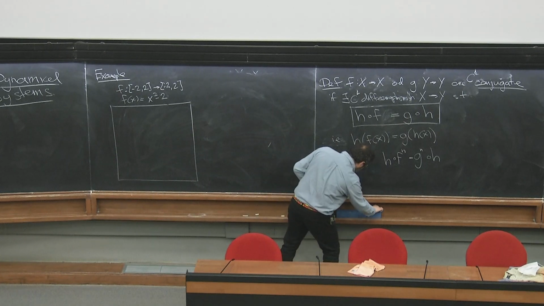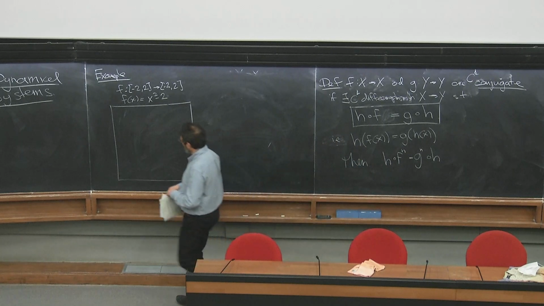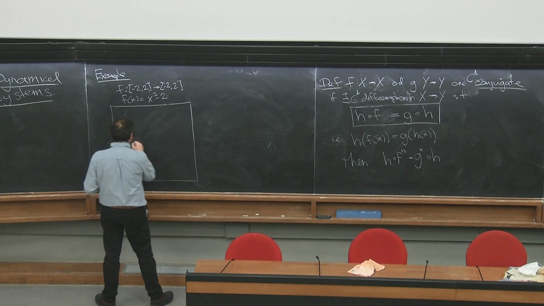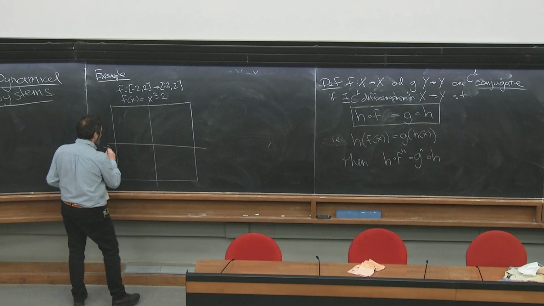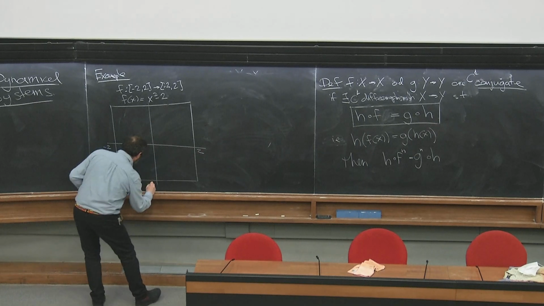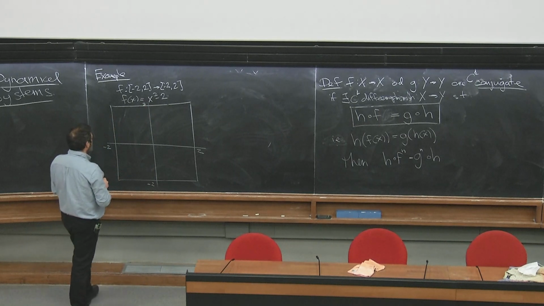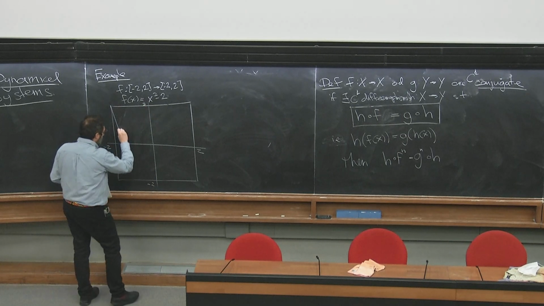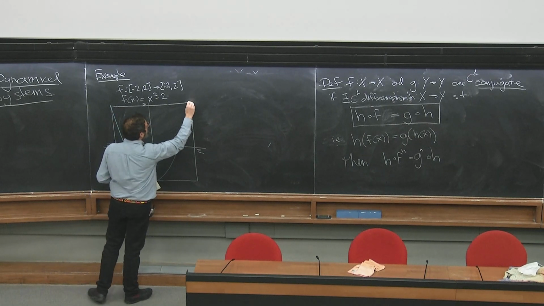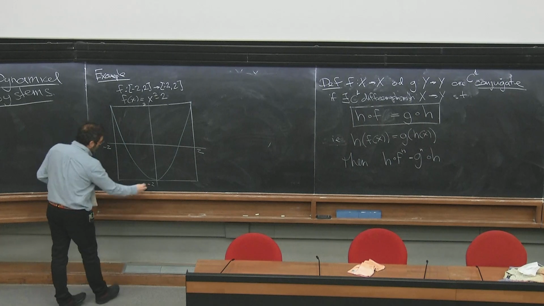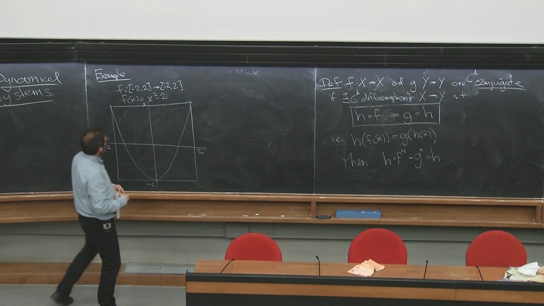And the graph of this map, from [-2, 2] to [-2, 2], it's quite easy to see that it looks like this. This is just a quadratic map shifted down.